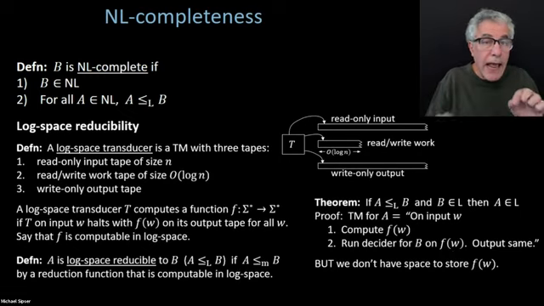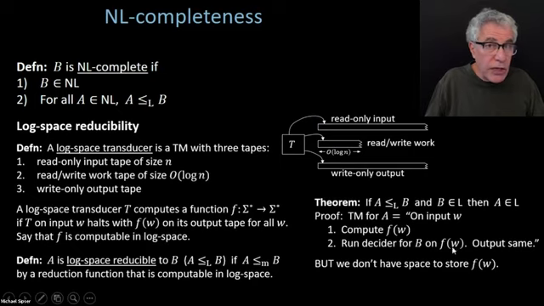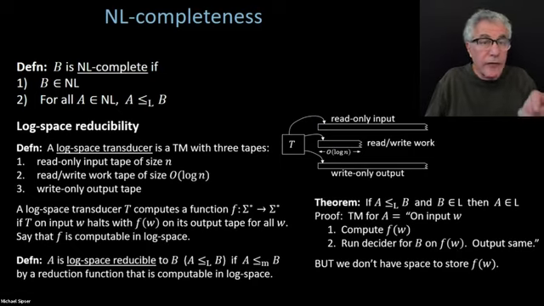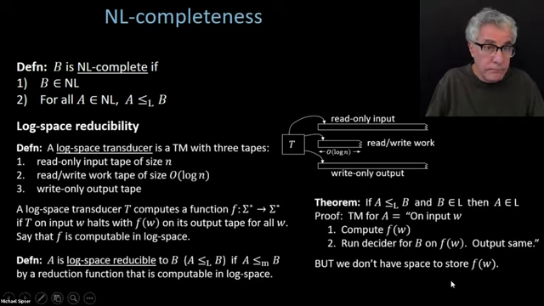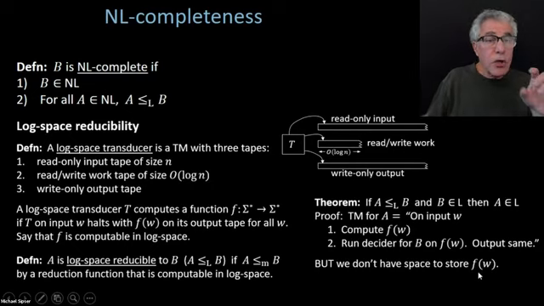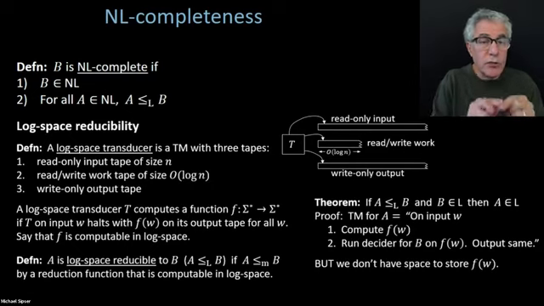But the Turing machine's head, which is deciding B, only looks at one symbol of f of w at a time. So instead of writing down all of f of w, the idea is that we are going to compute the individual symbols of f of w that we need only at the moment we need them.